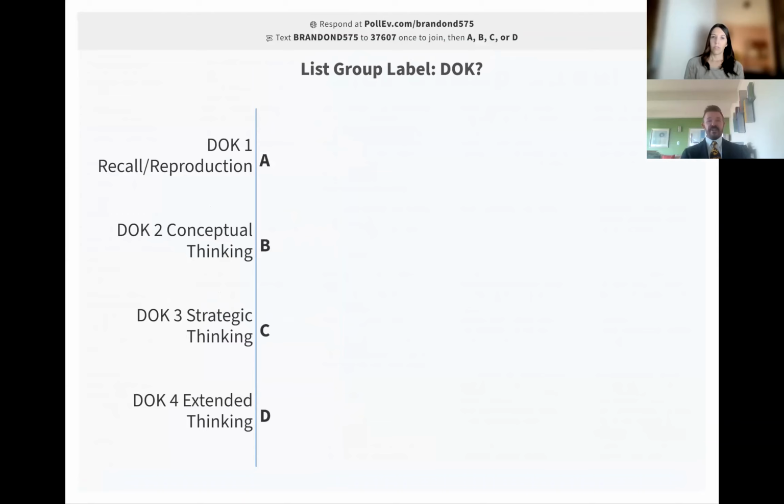Okay, so let's start with the DOK level. Where do we think that DOK level is for list group label?